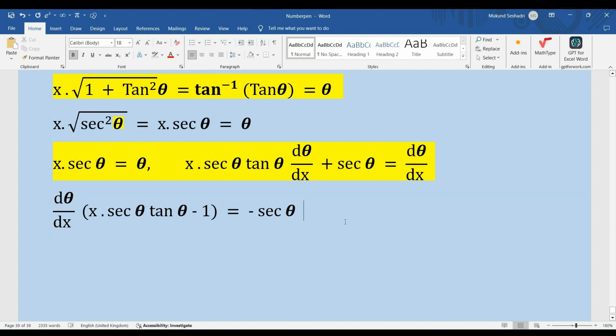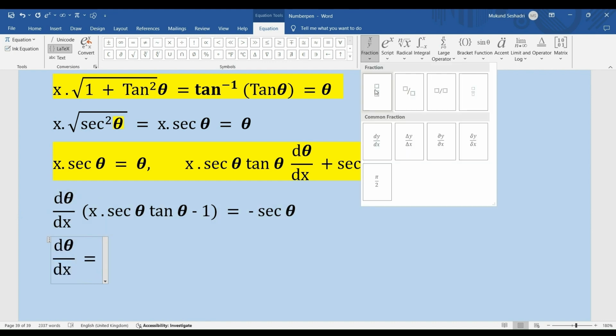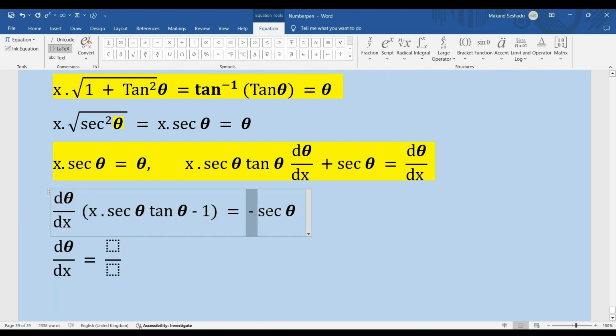Just take a glance to see if everything is okay. Yes, right? So I go to the next step. I write what is my d theta by dx, right? So my d theta by dx, when I represent it in the x by y format, I get minus times secant theta divided by x times secant theta tan theta minus 1, right?